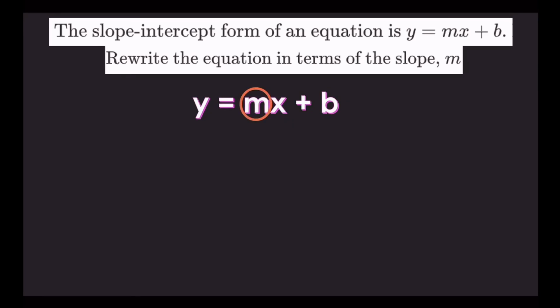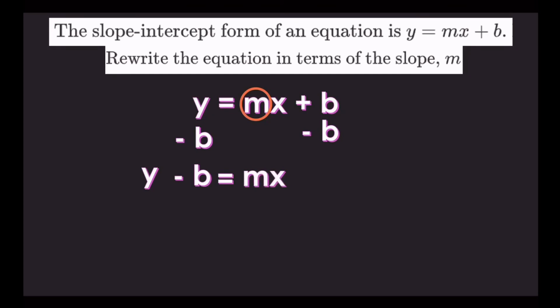We're getting m by itself, so let's circle m. I can't touch the x yet because that's multiplication. So the multiplication division is the last thing I do. So I'm going to subtract b from both sides. What happens is I get y minus b equals mx.